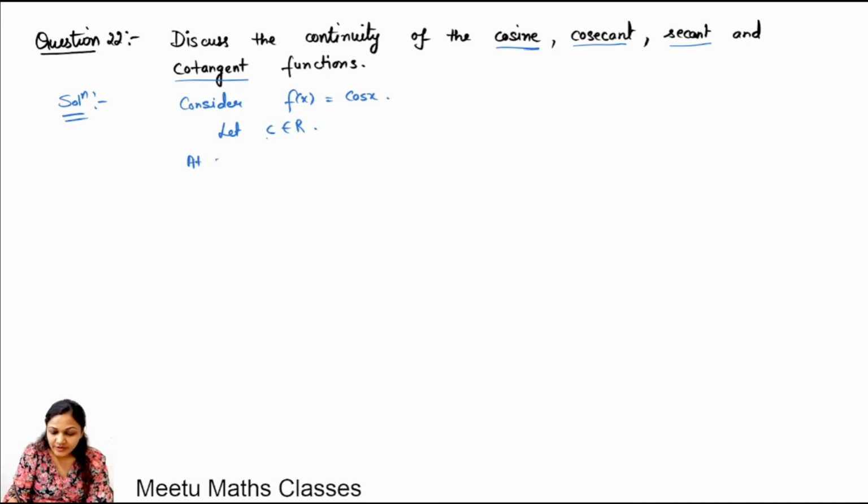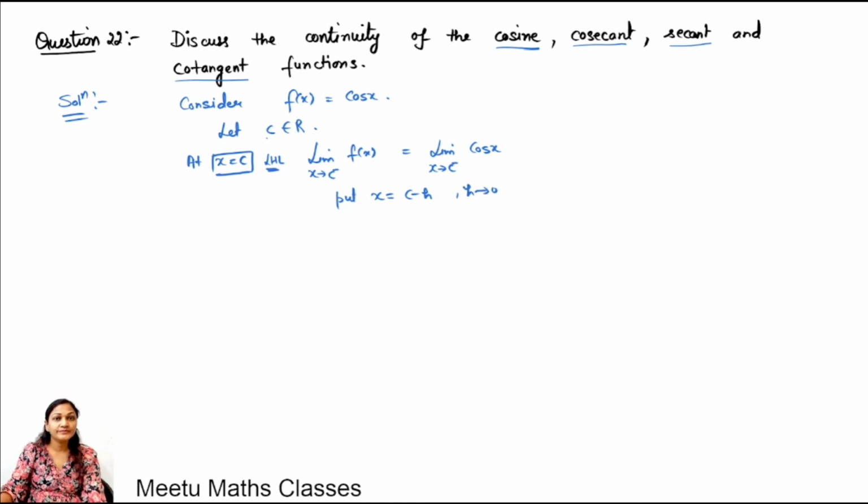At x equals c, the left hand limit is limit x tends to c minus f(x), and that is limit x tends to c minus cos x. Now we put x equals c minus h, where h tends to 0.